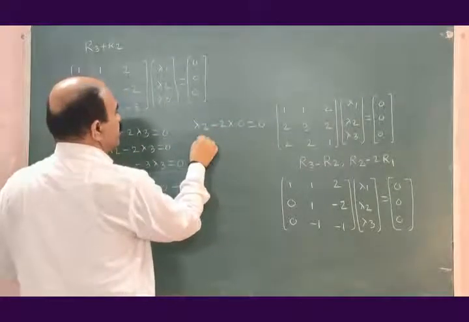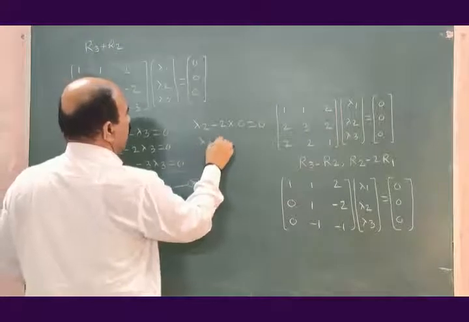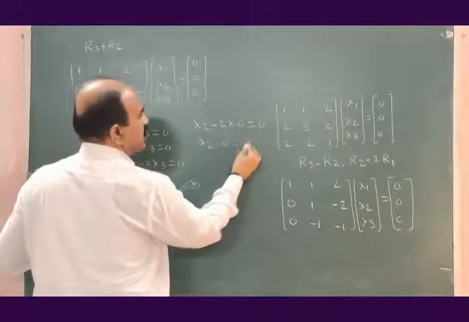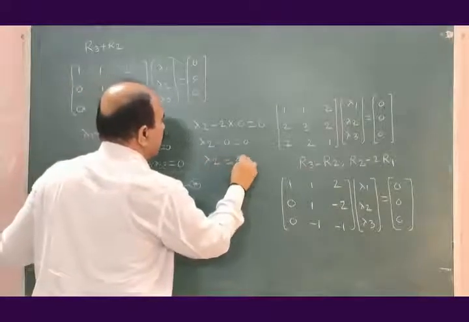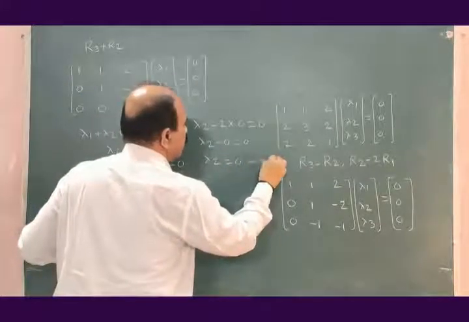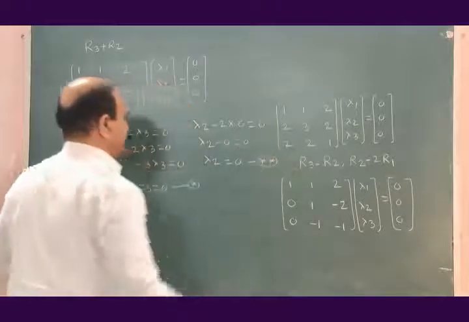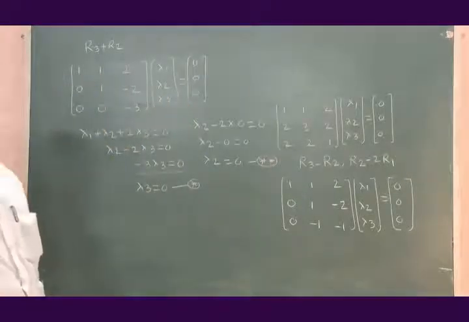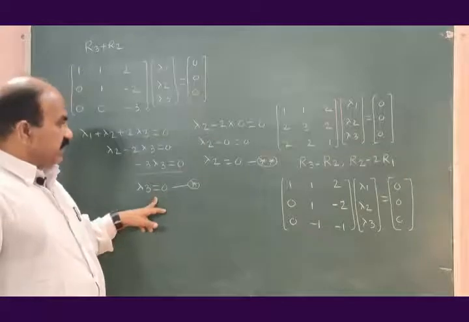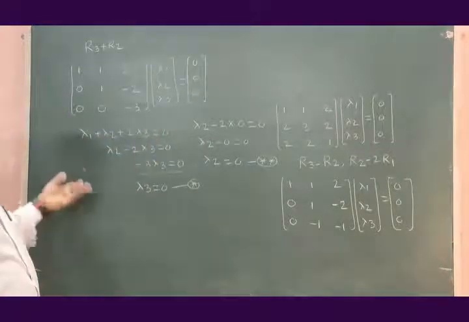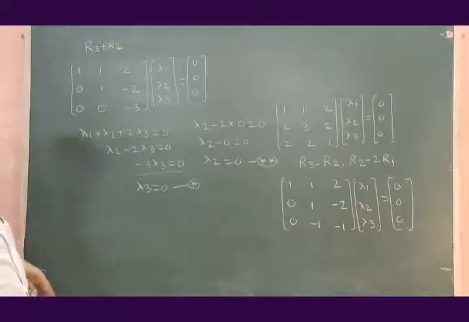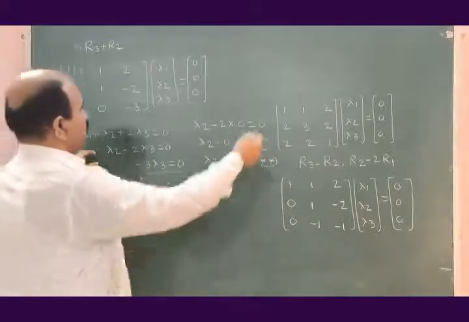Minus 2 into 0 is 0, so lambda 2 minus 0 is equal to 0, which is nothing but lambda 2 is equal to 0. Then let us substitute the values of lambda 3 and lambda 2 in this equation to get the value of lambda 1.